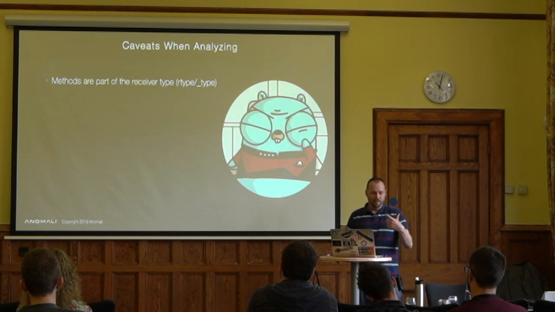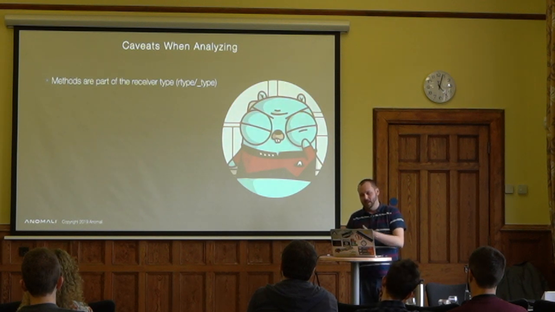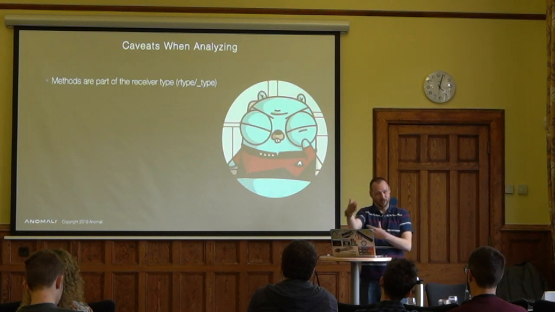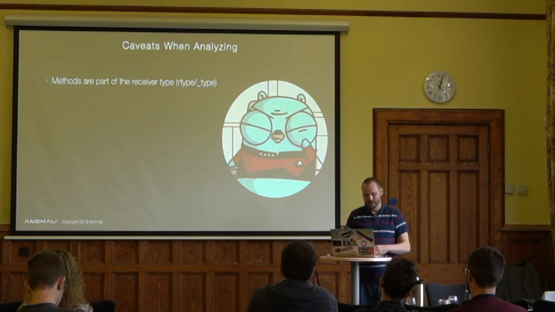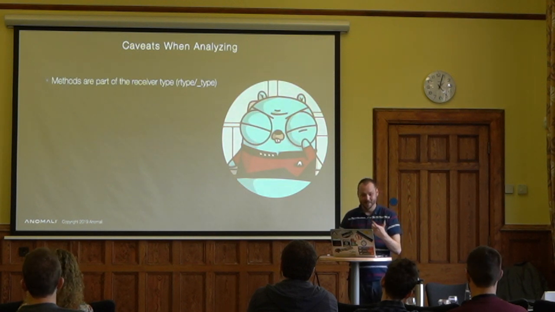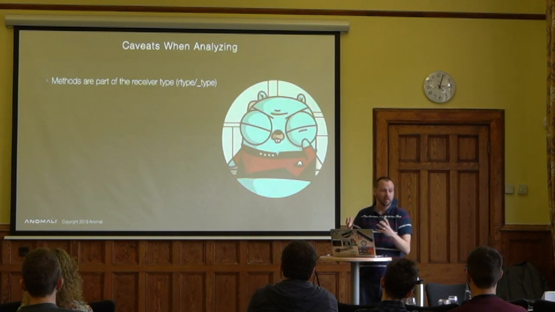What happens under the hood is that all those methods will actually be attached to a type of the pointer to that type. It's not a void type, it is a specific pointer type to that structure or whatever it is.